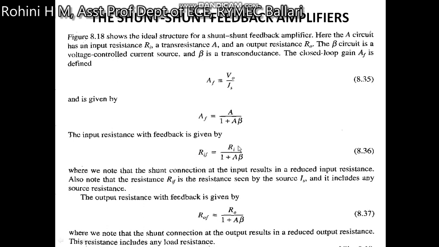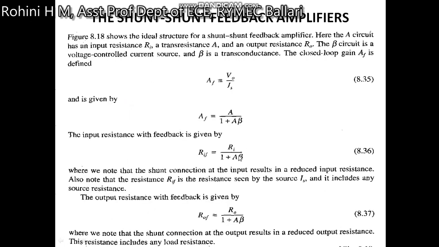So RIF is equal to Ri divided by 1 plus A beta. Here we know that shunt connection at the input results in reduced input impedance. Also note that the resistance is the resistance seen by the source Is. So when you deactivate this, it is an open circuit.